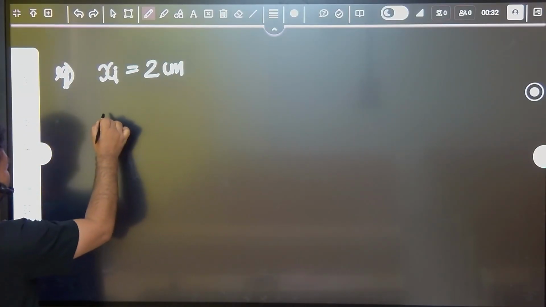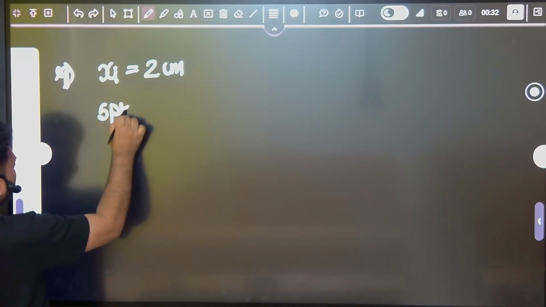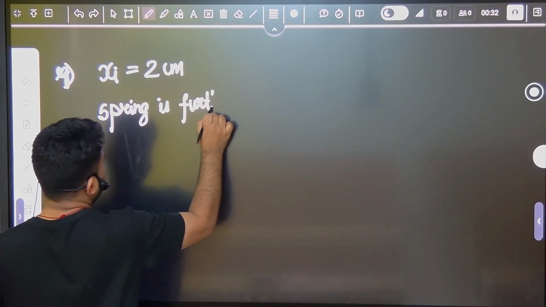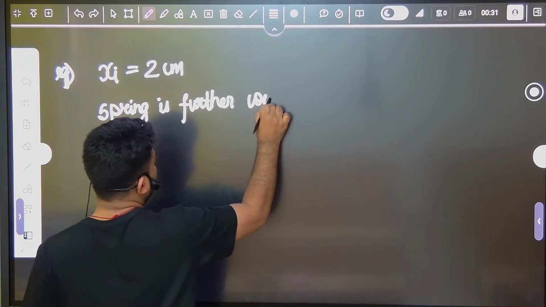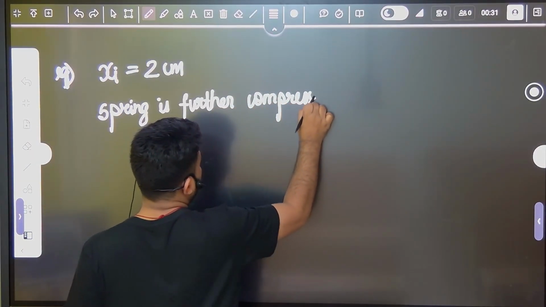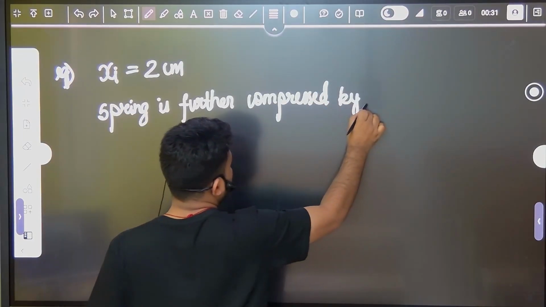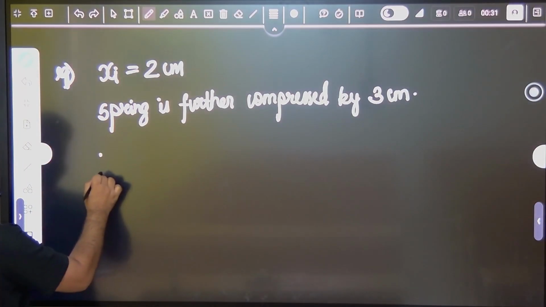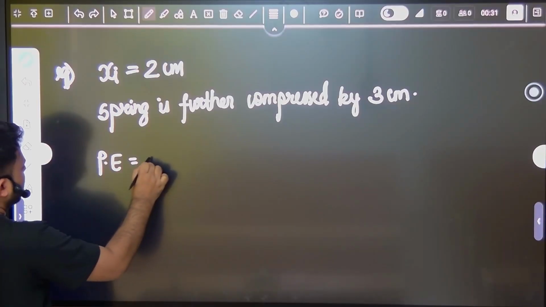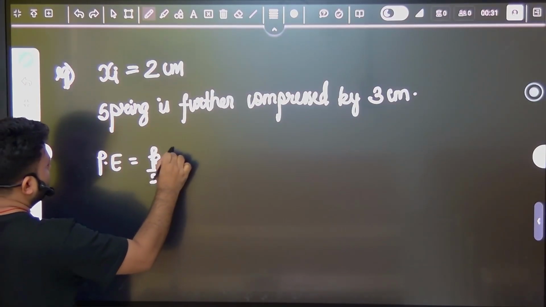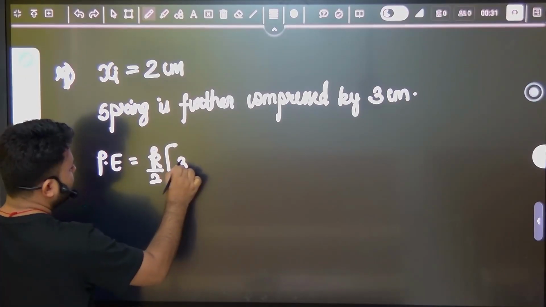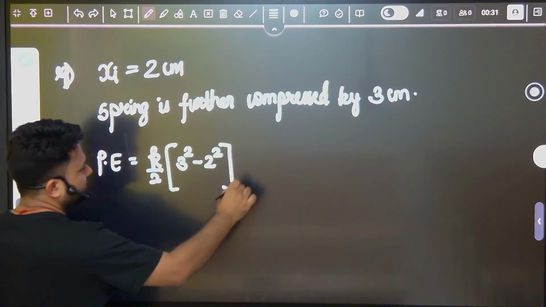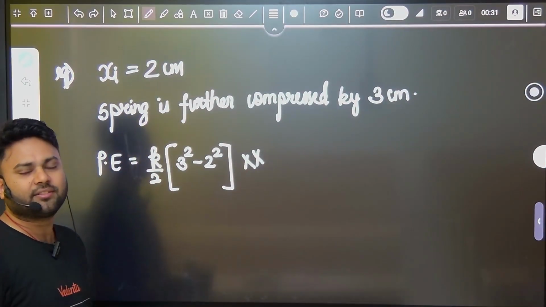Now it's written the spring is further compressed by 3 centimeter. Find potential energy of the spring. Now what people do? They will write k by 2 times x final is 3 square minus x initial, that is 2 square. And here they get trapped. This is the wrong answer.